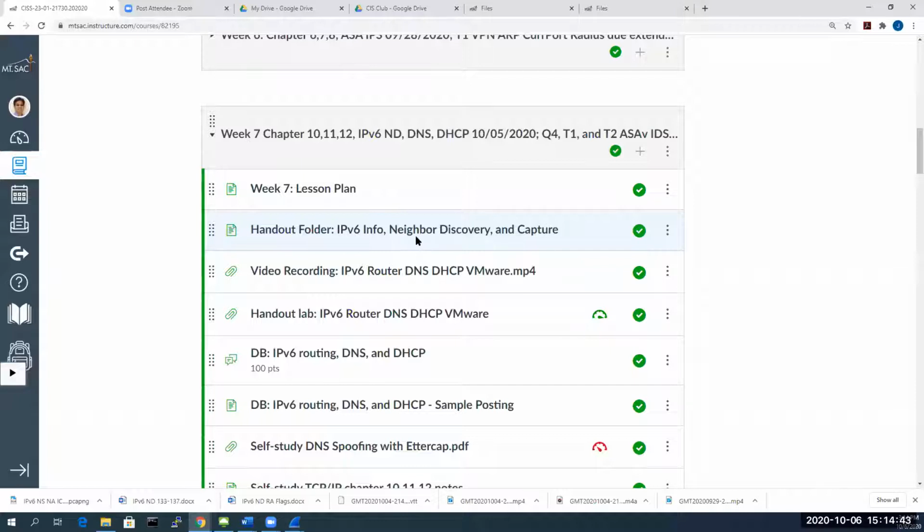Those are the five protocols from 133 to 137 covered under the name of neighbor discovery.